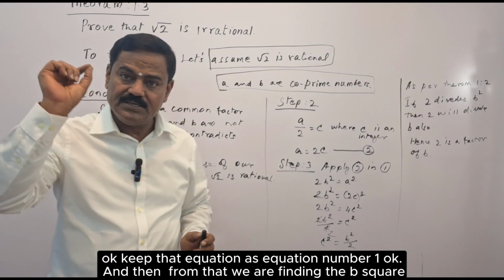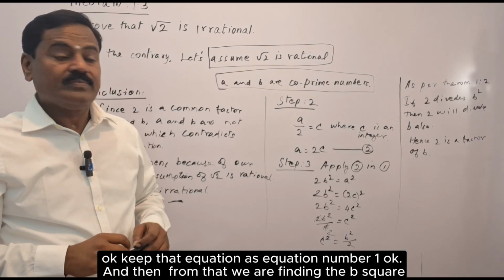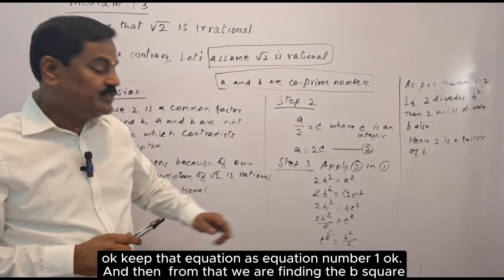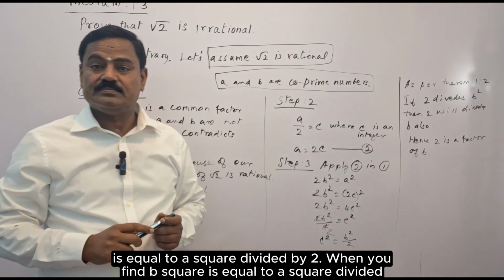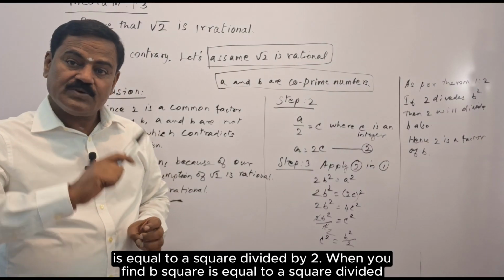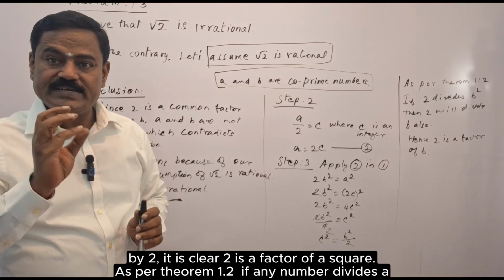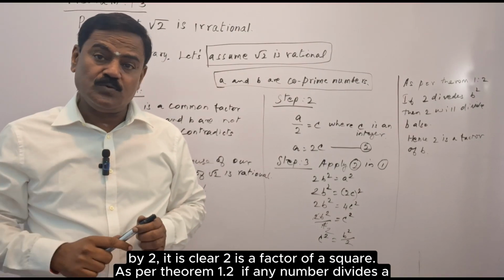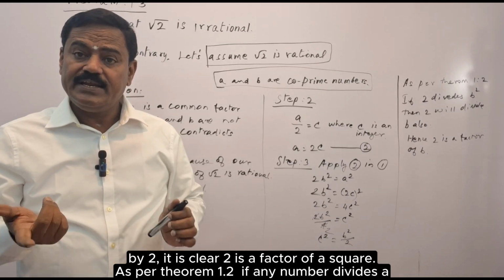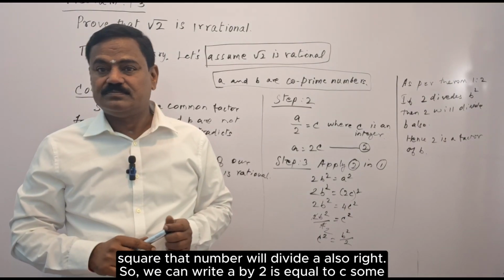Keep that as equation number 1. From that we find b² = a²/2. When we find b² = a²/2, it is clear 2 is a factor of a². As per theorem 1.2, if any number divides a², that number will divide a also.